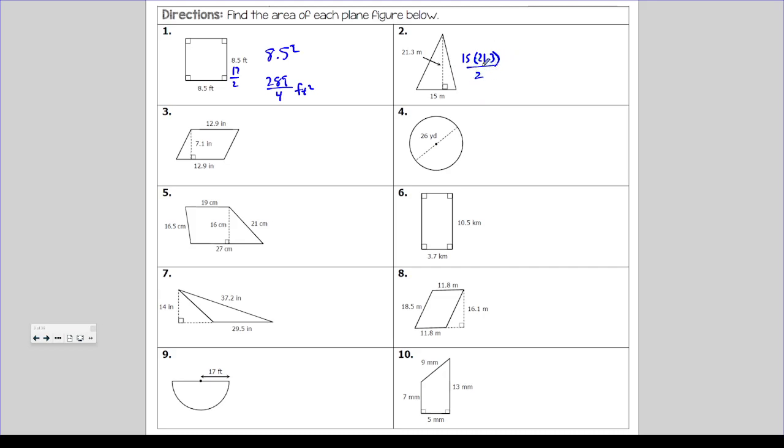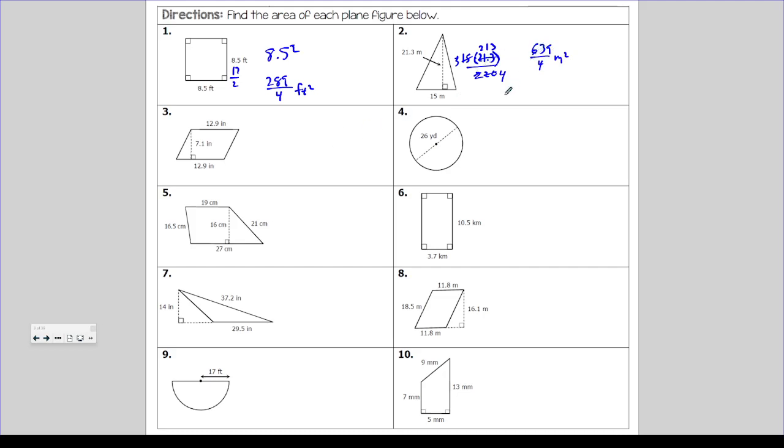We need to multiply by 10 to get this to be a whole number. So let's make this 213 over 20. Then we can simplify 15 over 20 is 3/4. So I have 3 times 213 over 4, so that's 639 over 4, and my units would be square meters.